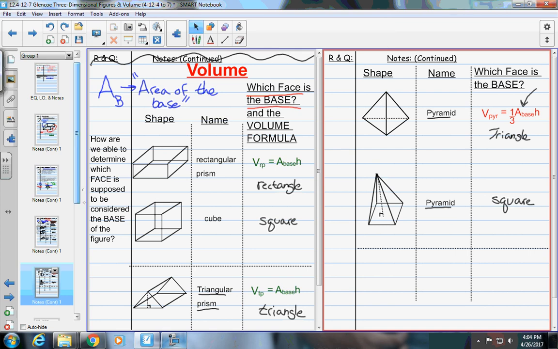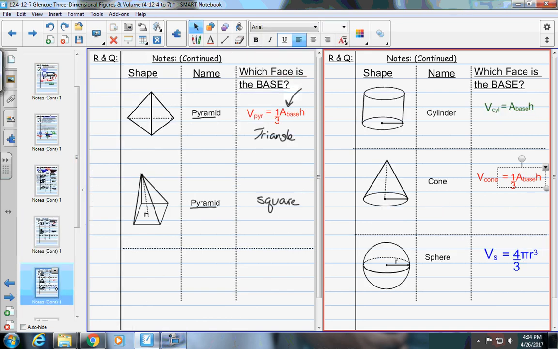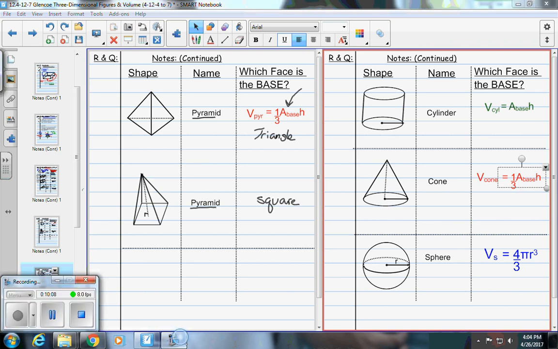I'm going to go to the last slide finally, and you're going to continue or pause here and copy down what you see. These will be our last 3 shapes we have to know for this lesson. And go ahead and pause here and copy down what you see. Awesome, welcome back.